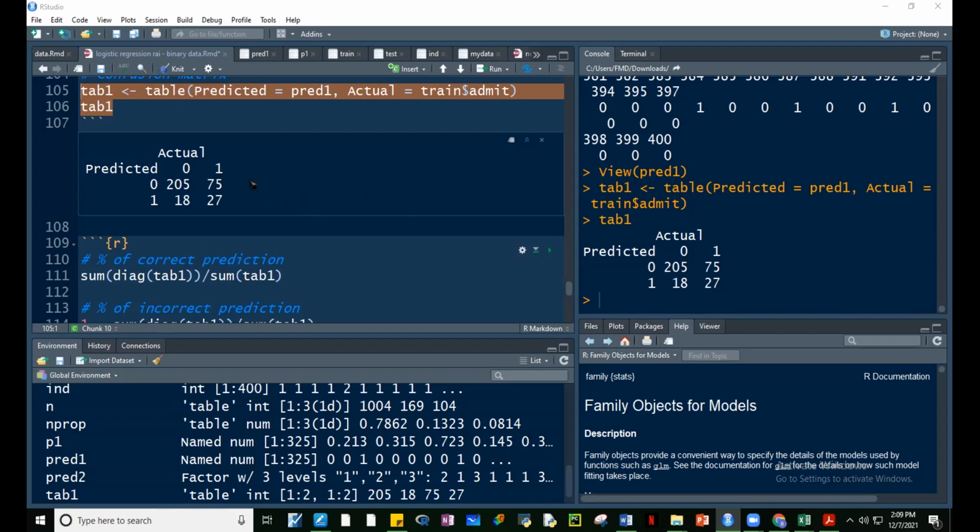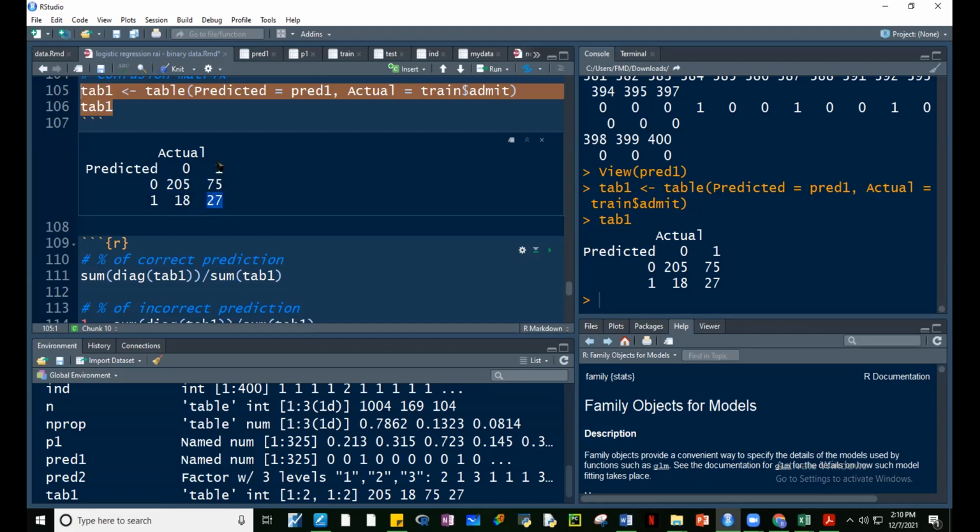So what does the confusion matrix tell us? Si confusion matrix, it tells us, ito yung 0, predict niya na 0, and then i-compare natin sa 0 ba talaga siya. So yung actual niya 0, predicted 0, ibig sabihin tamang prediction to. Okay? So sa predict na 0, 285 yung tama. Ito naman 1, predict na 1, 27 yung tama.